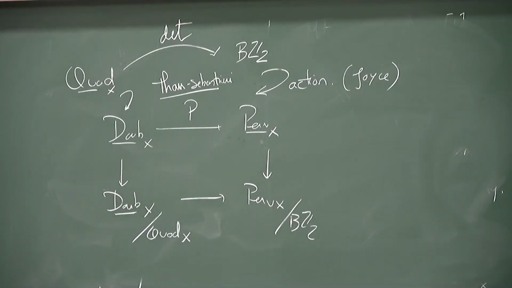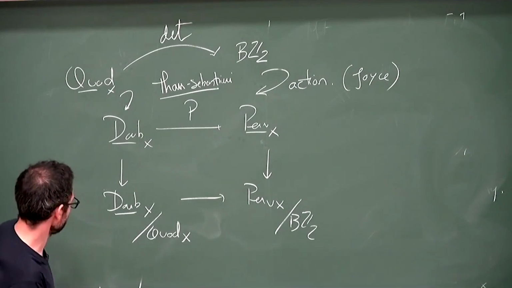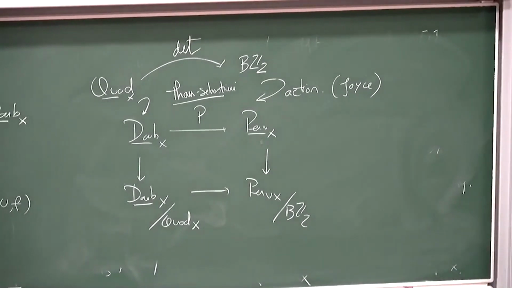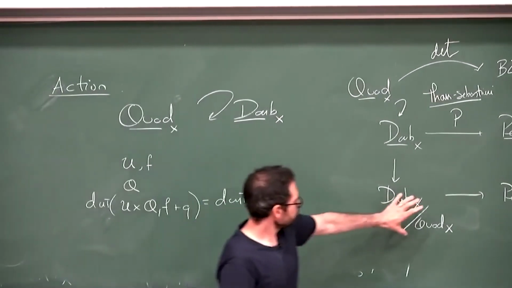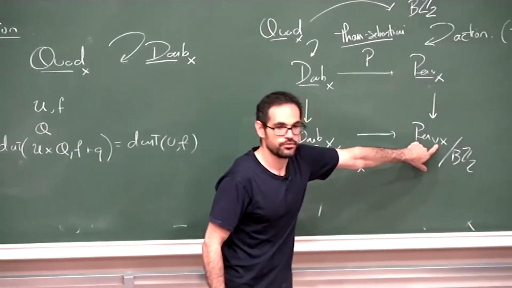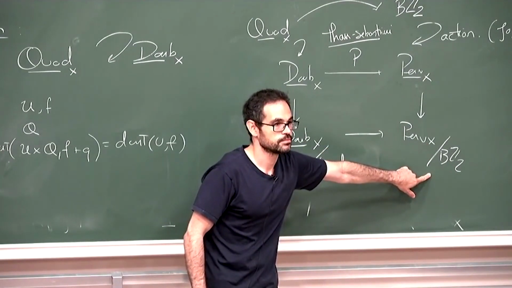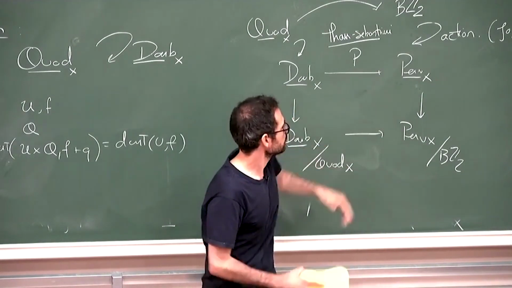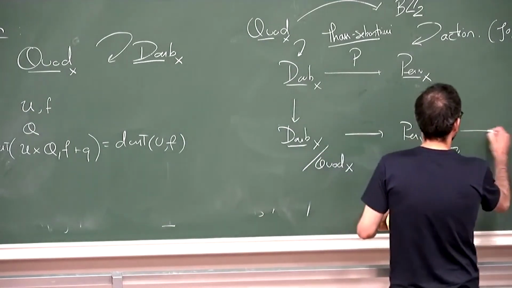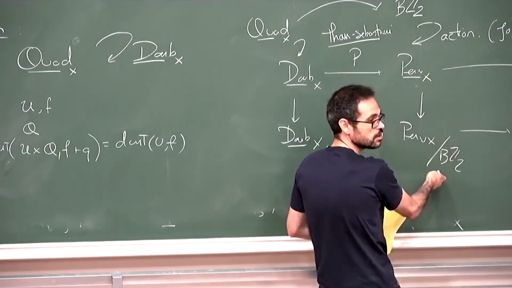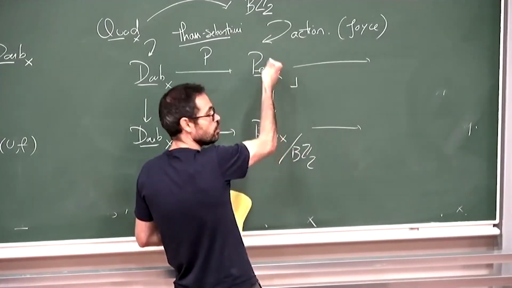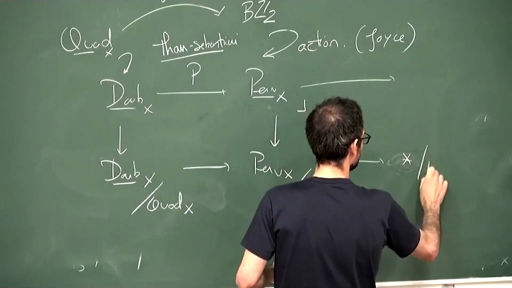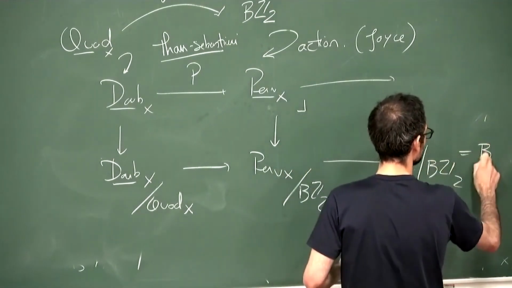So you already see that if this was the point, as I was trying to give you the idea here, you would have automatically defined a twisted perverse sheaf up to a BZ2 action. And the question of orientation is, when can I leave this there? And this is an easy question, because if you have an action, you can recover the space where the group acts by taking the fiber product over the classifying space of the group.